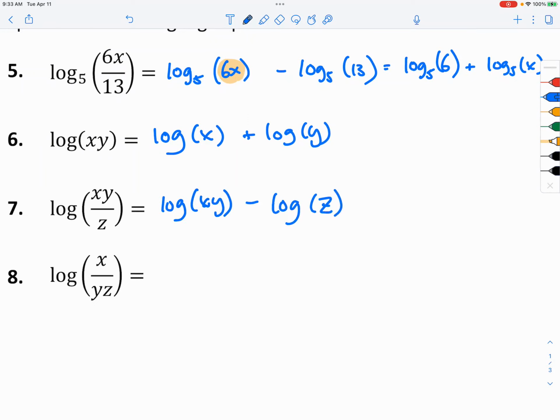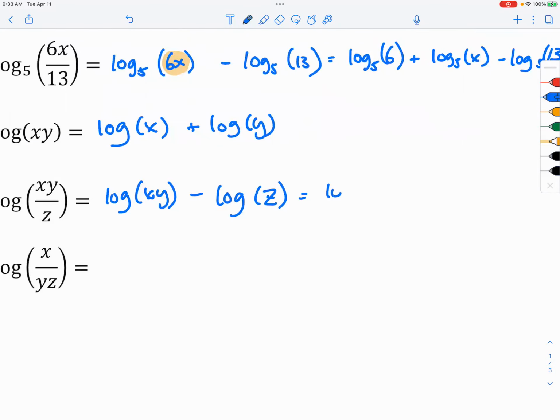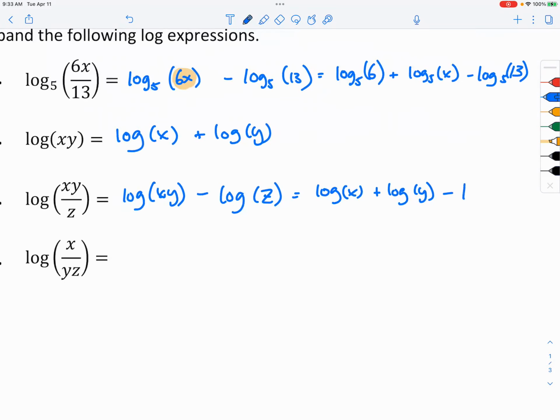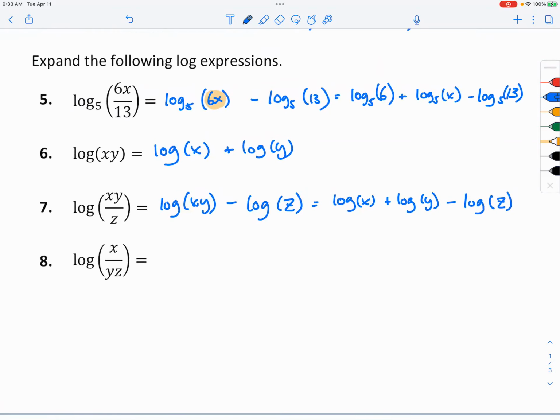And you realize that you have x times y, therefore it is log x plus log y minus log z. Okay? I'm going to ask you to try the last one. Try it. See if you can get the right answer.